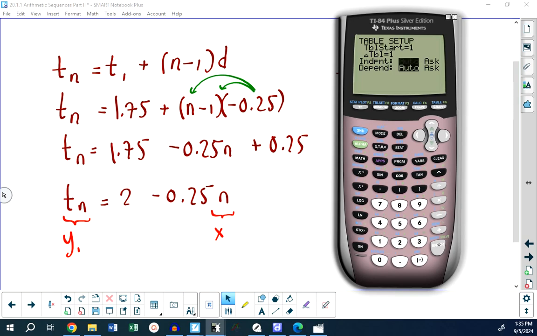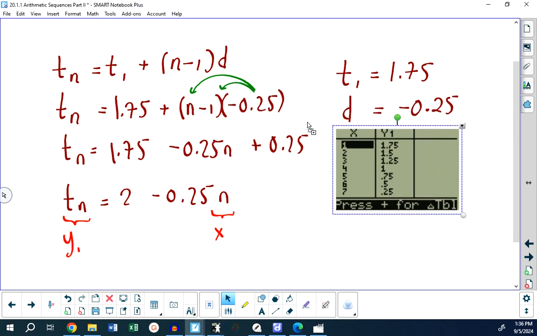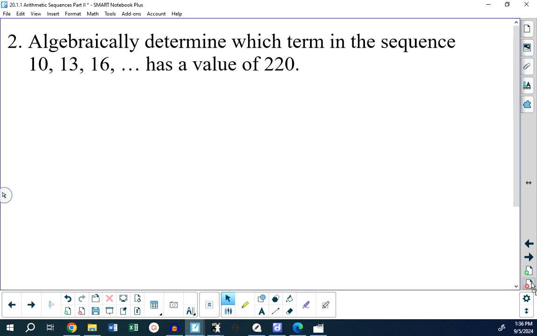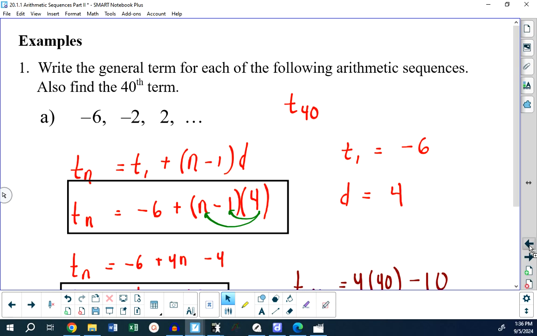How many of you have ever poked around with the tables before in other math classes? Unlikely. So now, instead of going to graph, we go to the table. And there's our sequence. Whoops, what did I do?